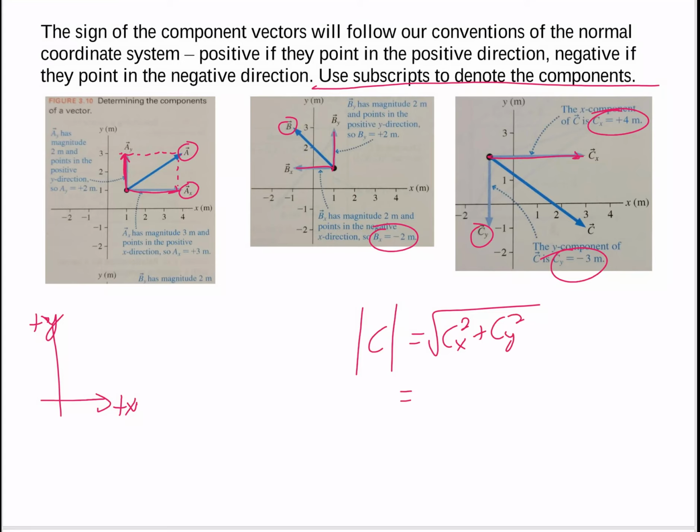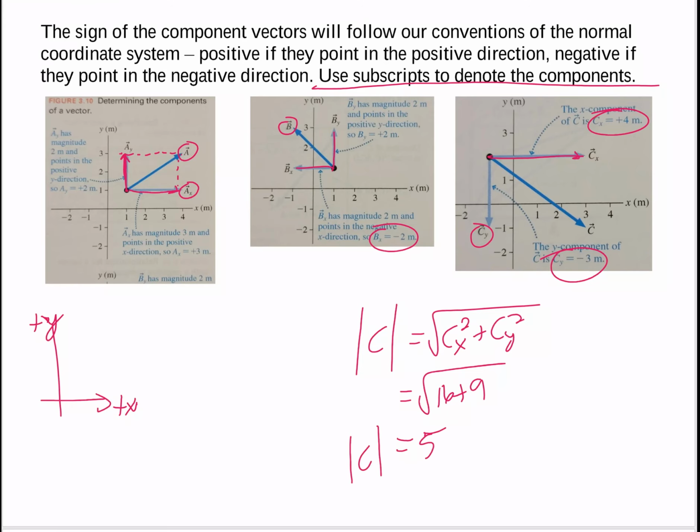So c sub x is 4 squared, 16, plus c sub y, which was negative 3, but I square that and I get positive 9. So that's 25, square root of 25, 5. So the magnitude of the vector c is 5. Okay? We didn't find the direction, we don't know what the direction is, but the magnitude is 5.